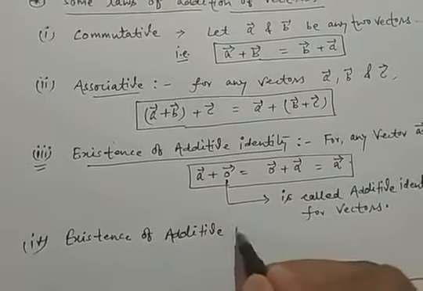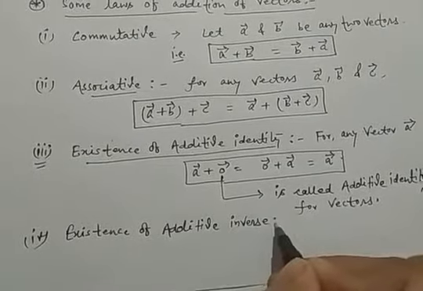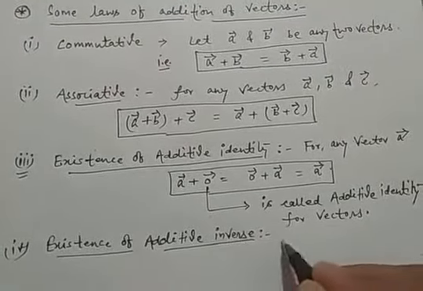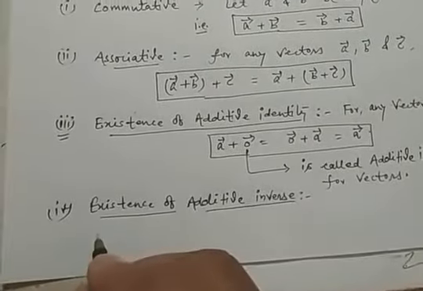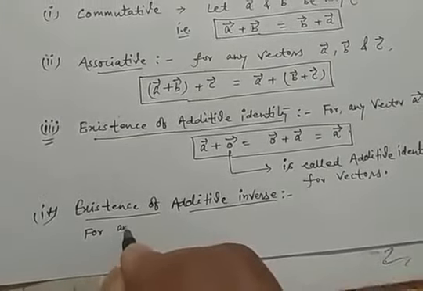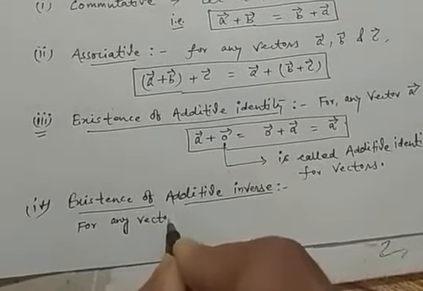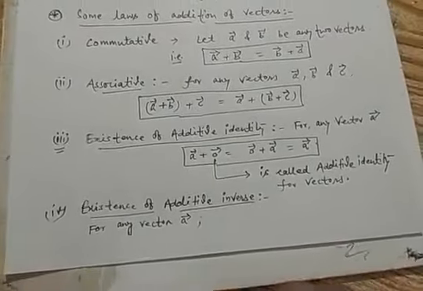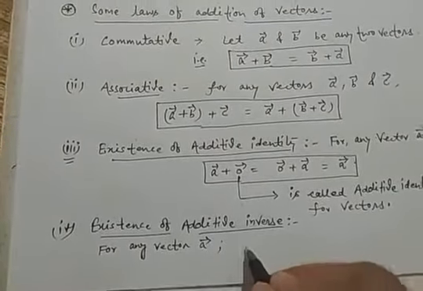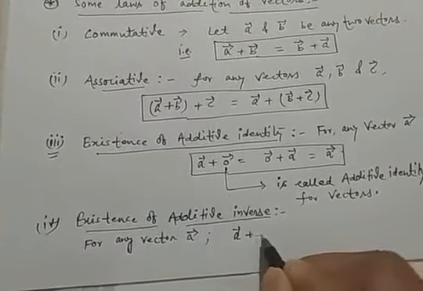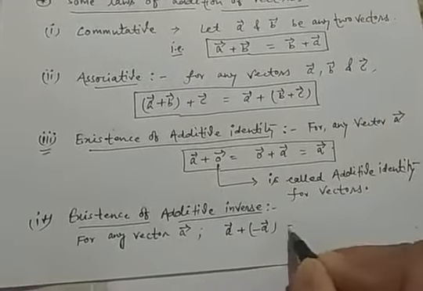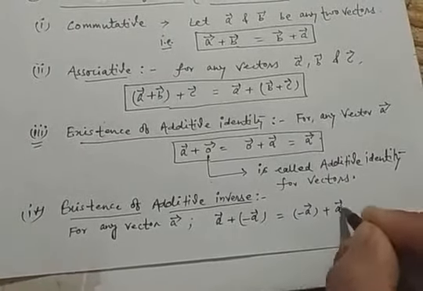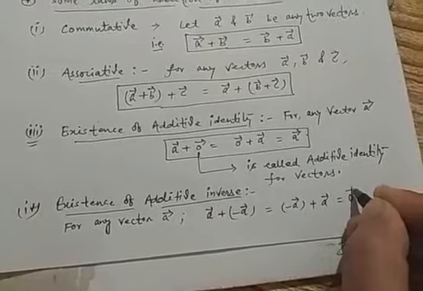For any vector A, here vector A plus minus vector A equals minus vector A plus vector A equals 0 vector.